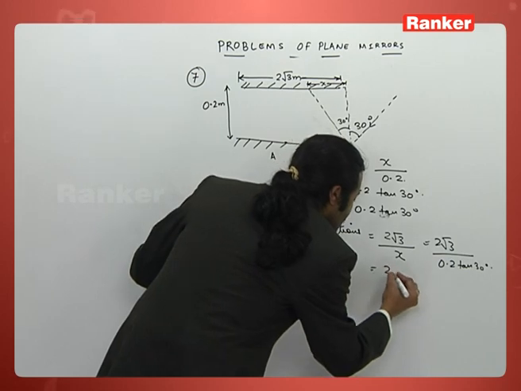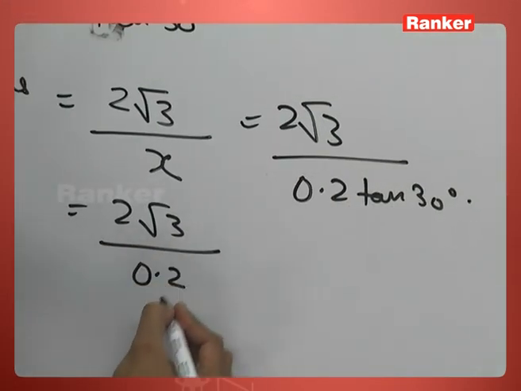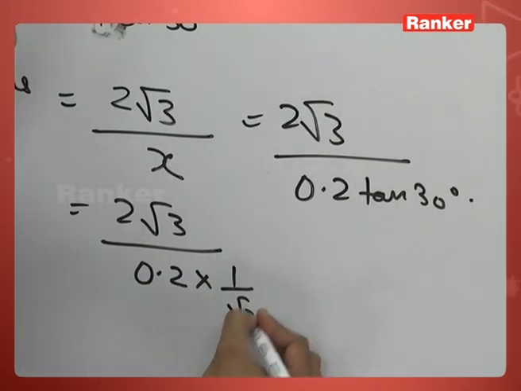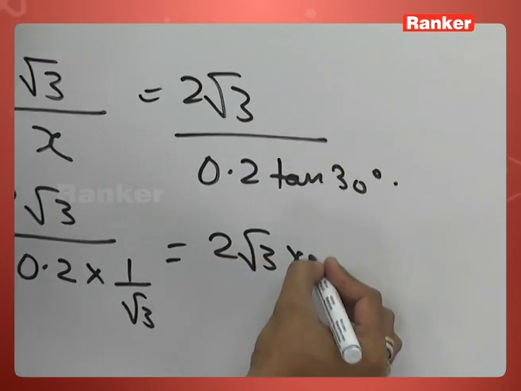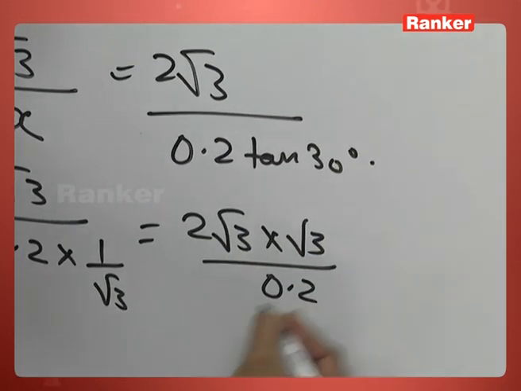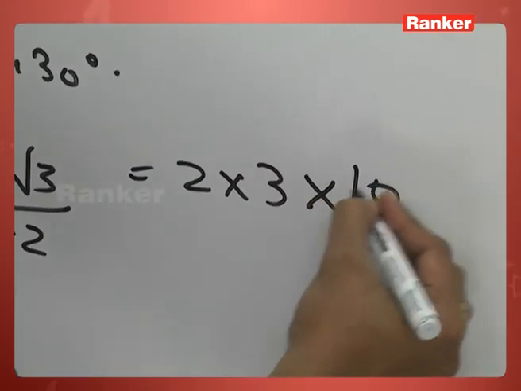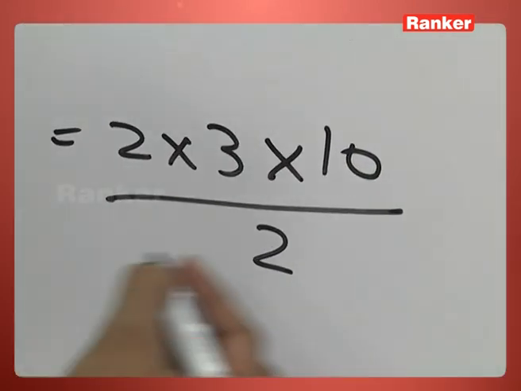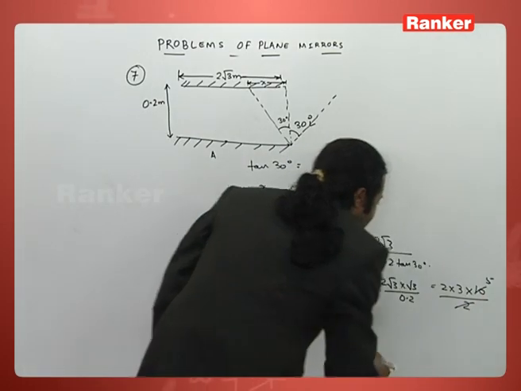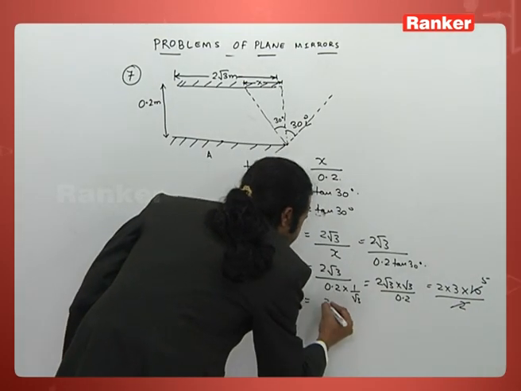So this is 2 root 3 by 0.2 into 1 by root 3. So this is 2 root 3 into root 3 by 0.2. So this is 2 into 3 into 10 divided by 2. So this is 5. So this becomes 30.